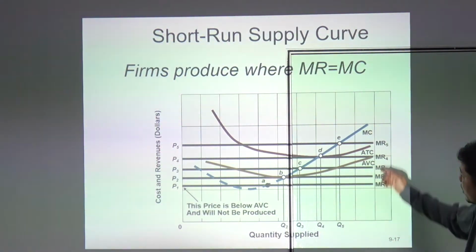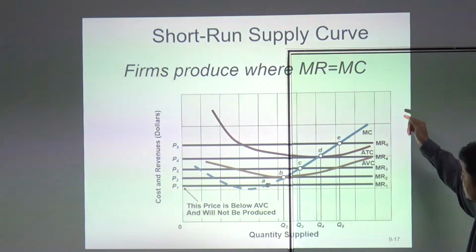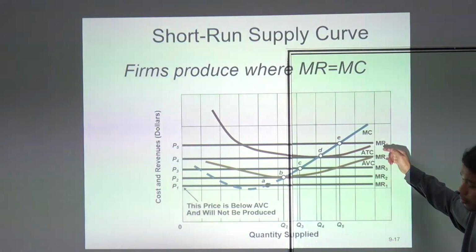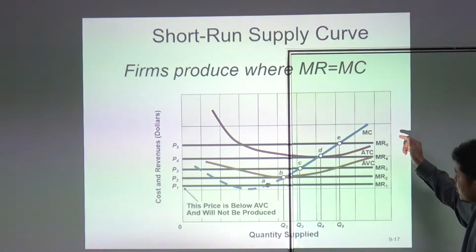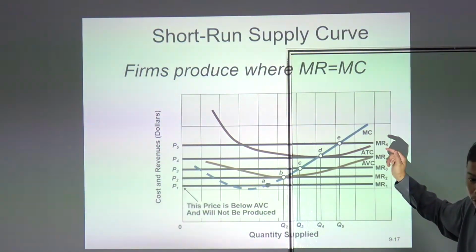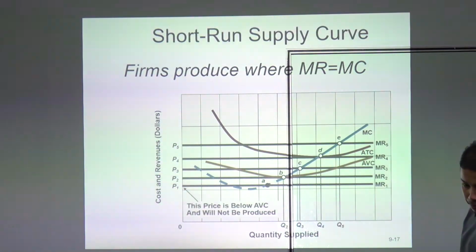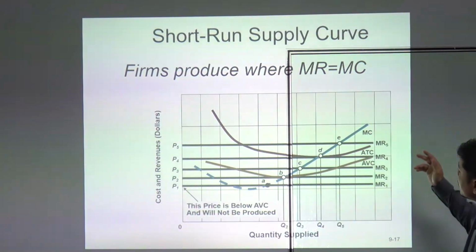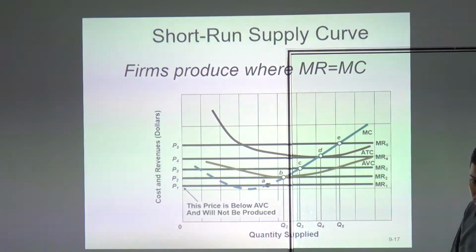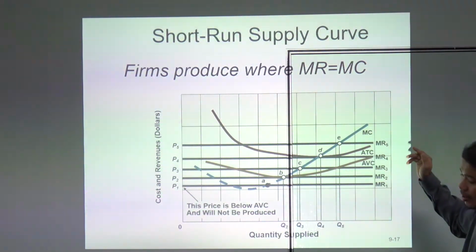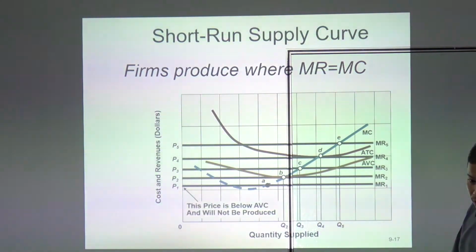When you trace from Q5 upward, P5 is above average total cost. So since P5 is above average total cost, the firm should produce and maximize profit. So this is more than normal profit level. We call it economic profit. Whenever price is above average total cost, we call it economic profit.